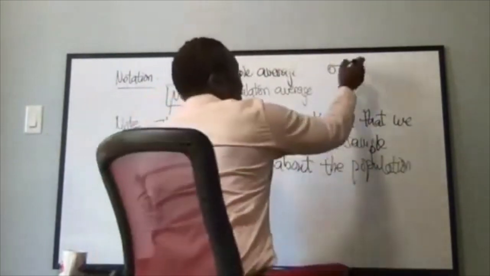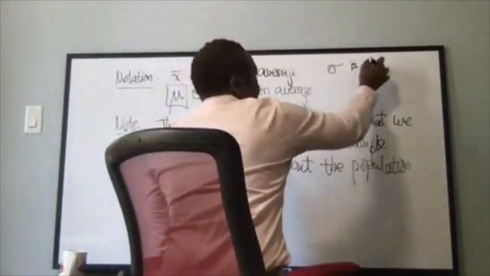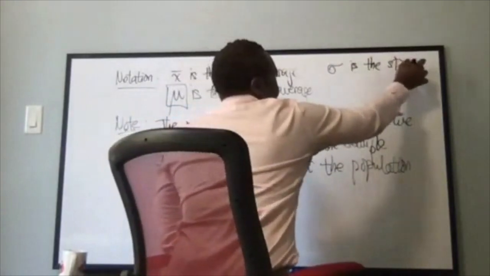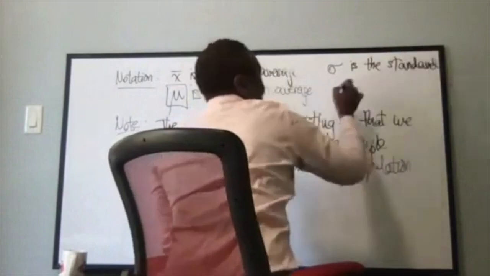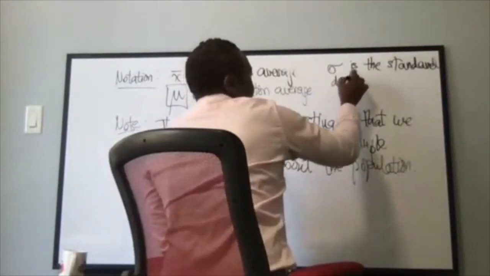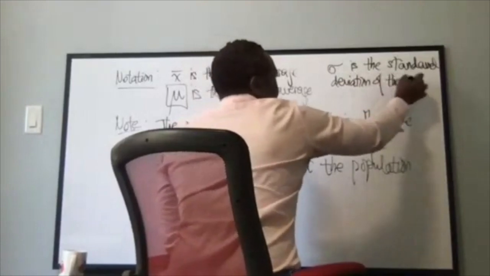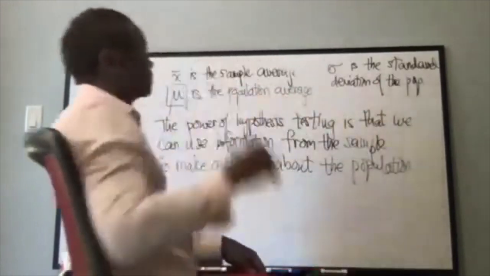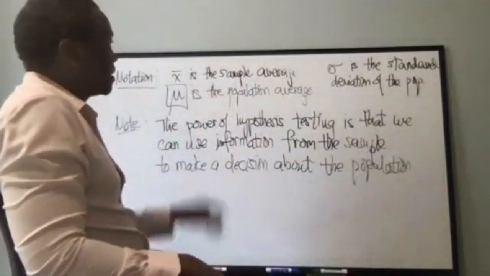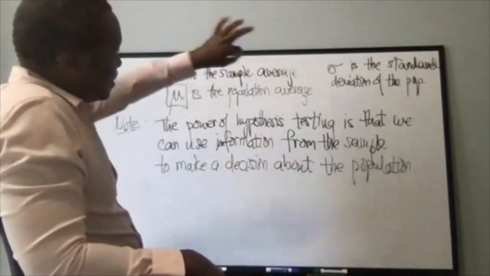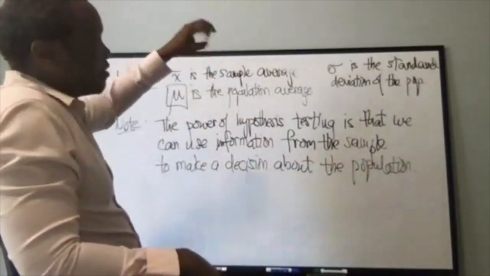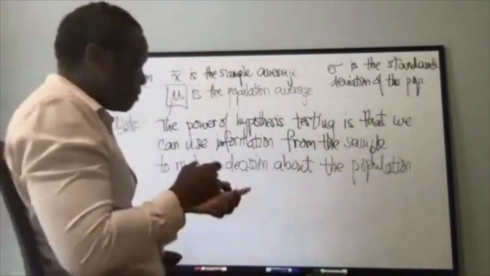We're going to say this is the standard deviation of the population. So it's sigma, it's like a little swirl going across there. That's called the standard deviation of the population.